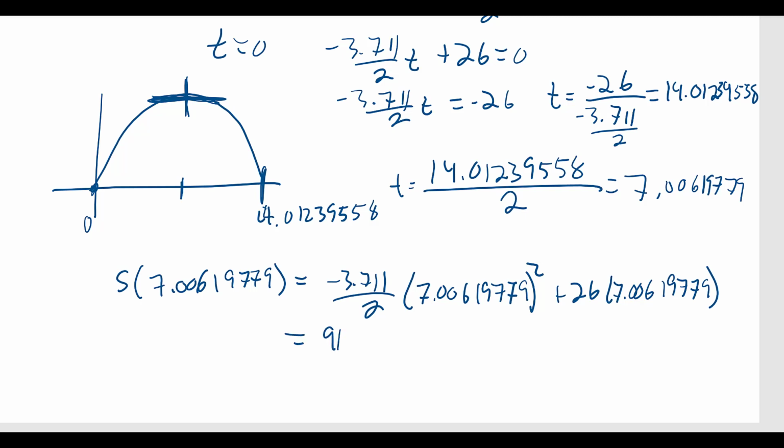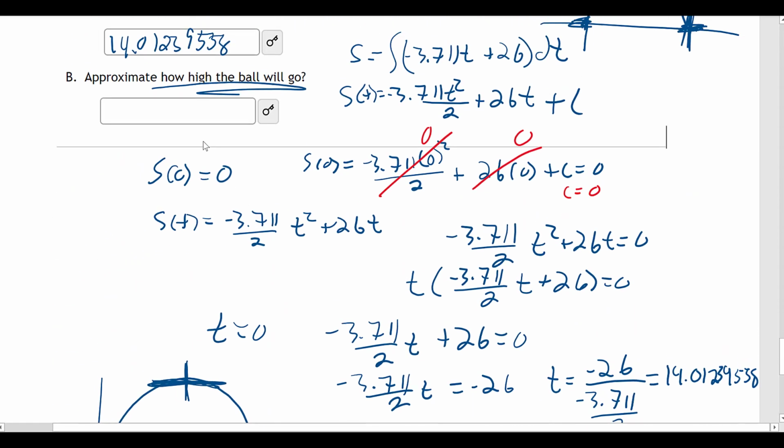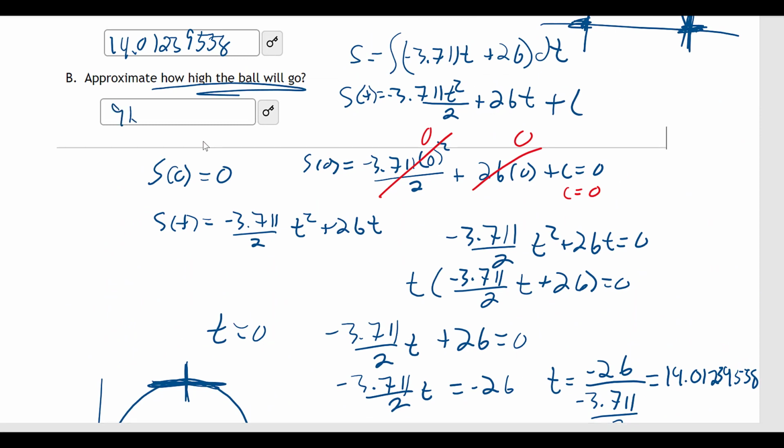It took me a couple of tries because of little errors of my own in the calculator. The answer is 91.08057127, and that's the height it reaches. Okay, I hope that helps.